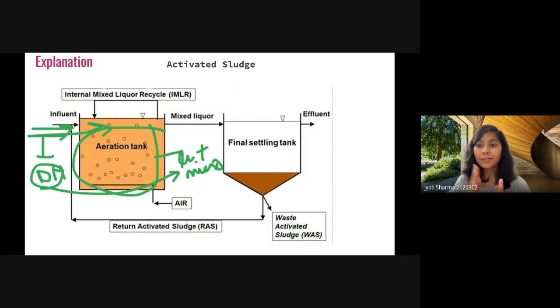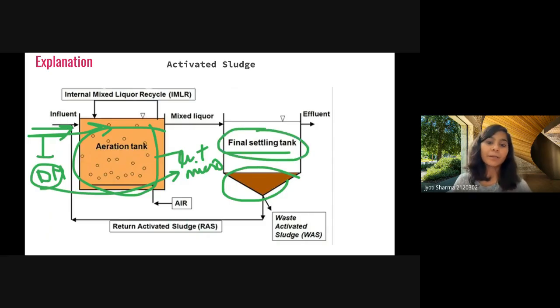After that, the purified water is transferred to another chamber, the final settling tank, where the microorganisms or sludge settle down, and you get not pure water, but a little bit cleaner water, to move forward. Okay, so this is activated sludge.